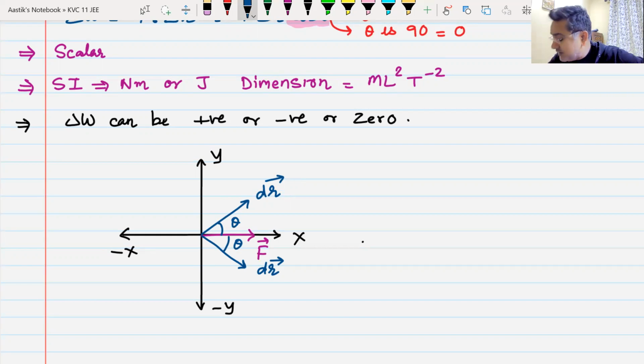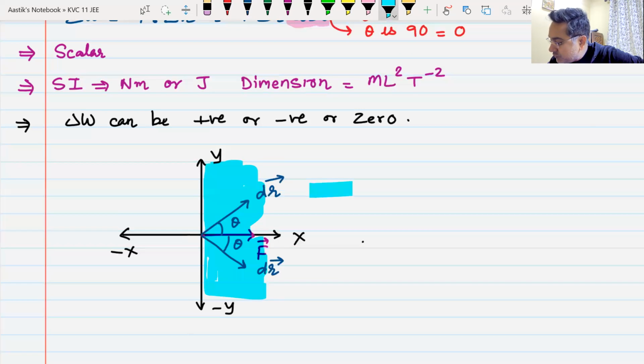And in this condition, my work done everywhere in this blue zone, the first and the fourth quadrant, would be positive because the angle is acute.